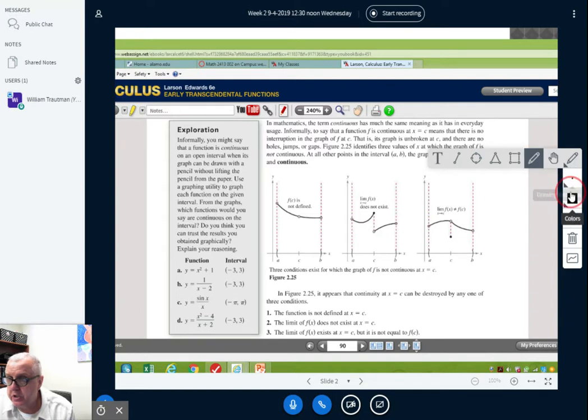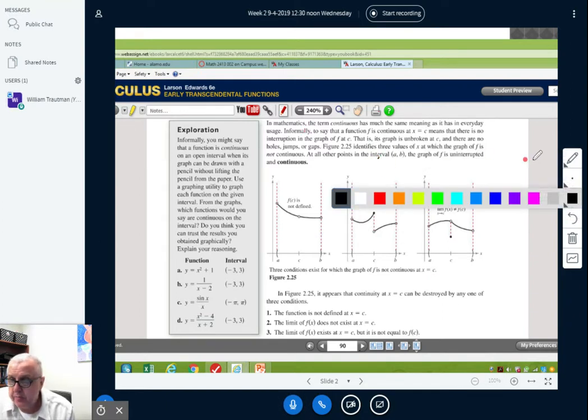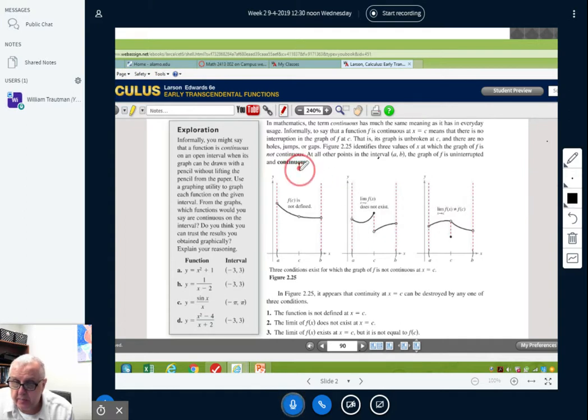The first, if you look at the function, this one right here, between A and B, the function goes, but all of a sudden there's a little hole there. In other words, between two points in a function, between two x values, in order to be continuous, every x value has to be defined.